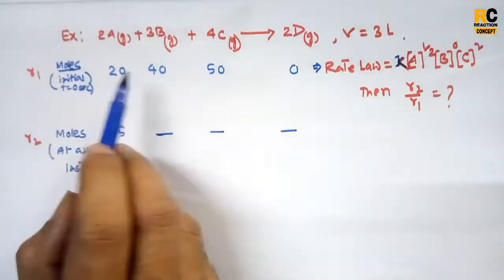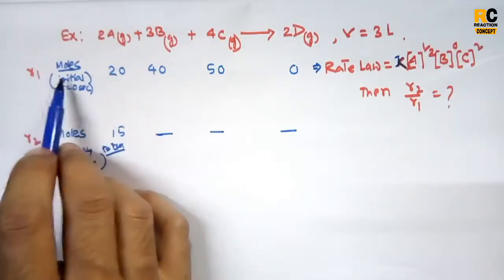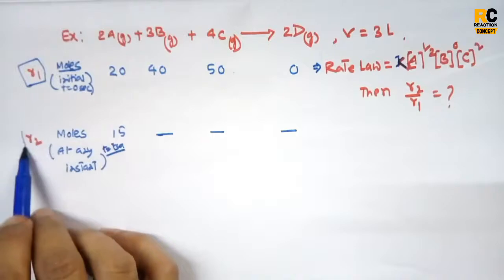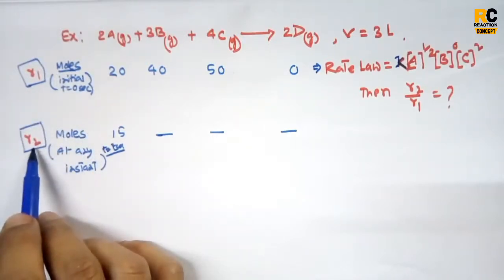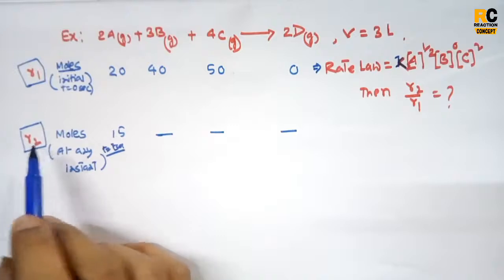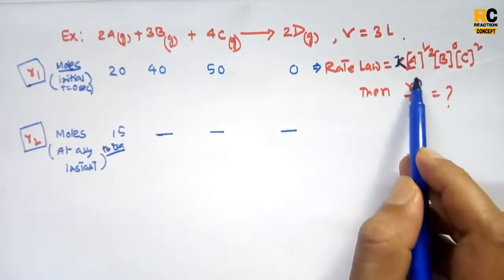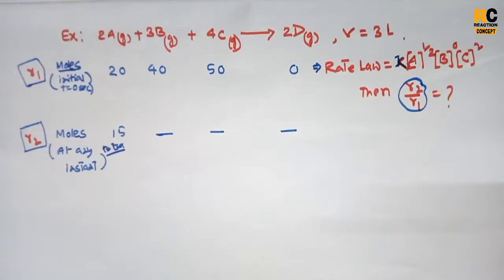If the rate of the reaction at the initial state is R1, and at any instant it is R2, what will be the ratio R2 by R1? We have to find out the ratio of the two rates at different conditions.